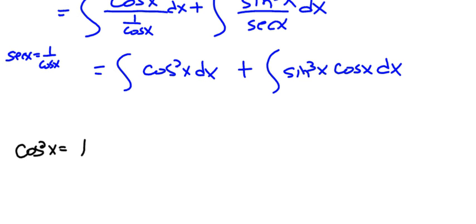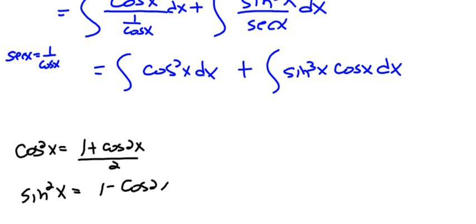Cosine squared of x can be substituted with 1 plus cosine 2x over 2. And I'm going to give you the sine squared of x power reducing formula, that one. So I'm going to do this trig substitution with trig identities.